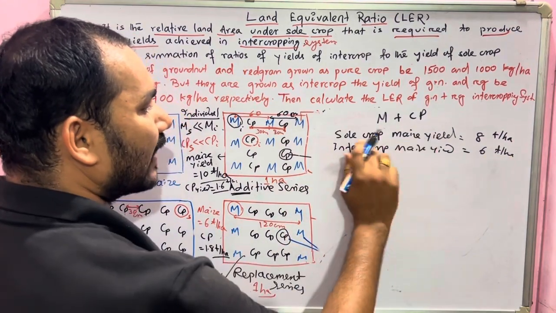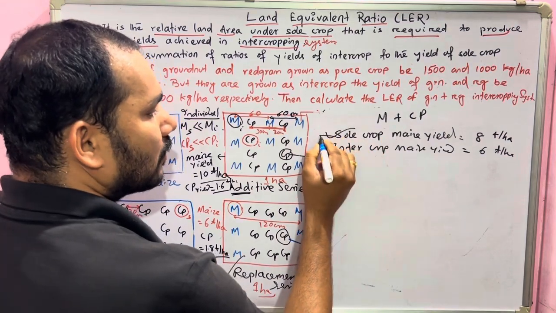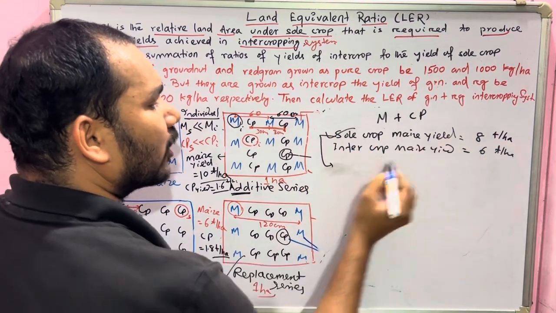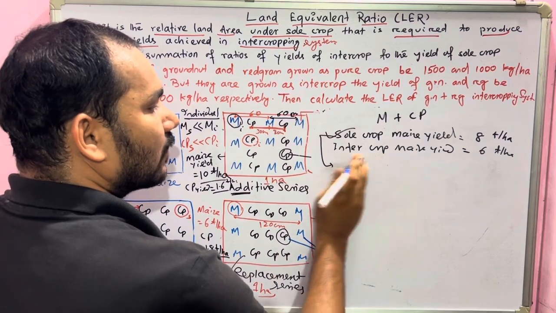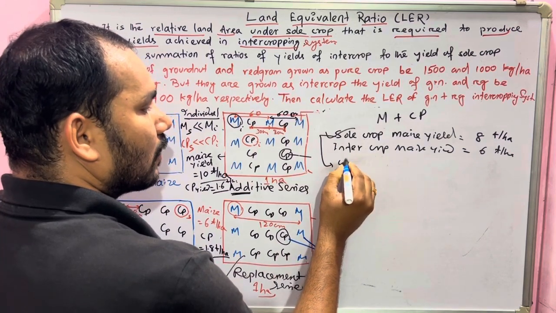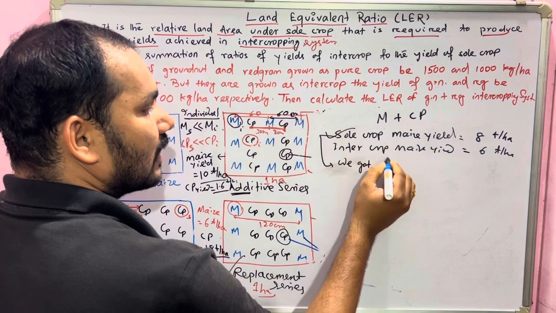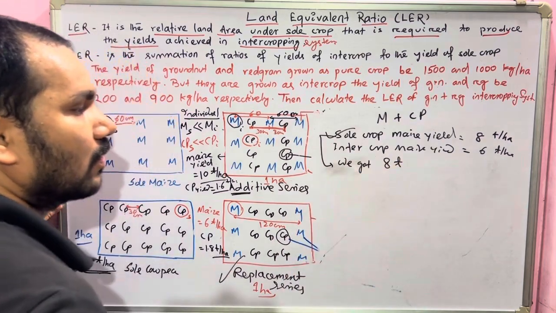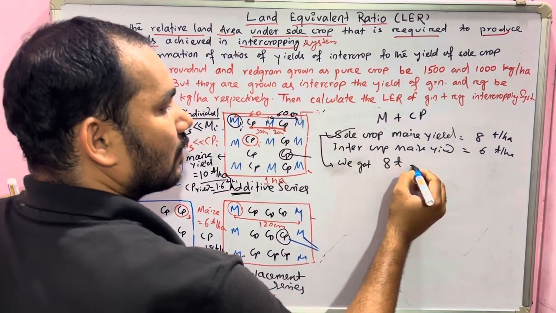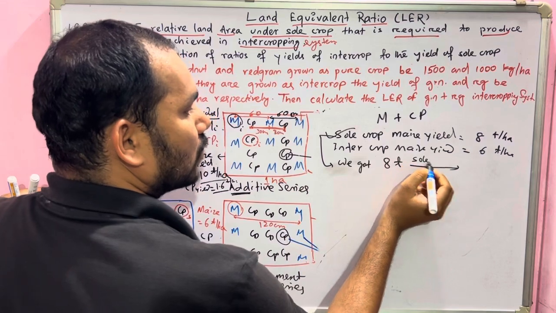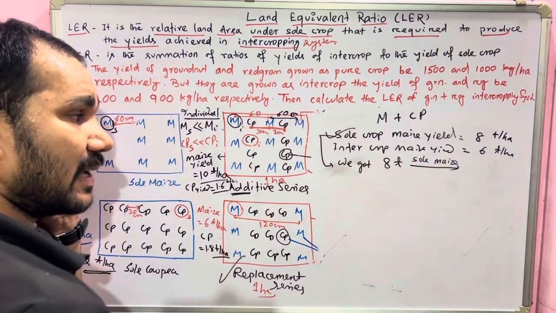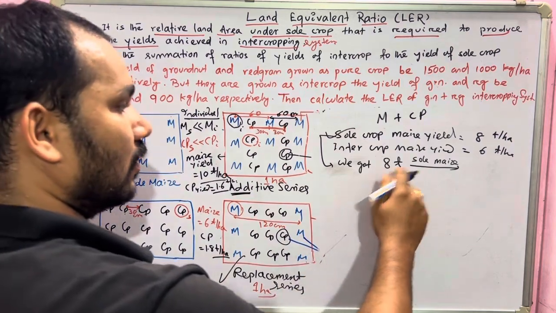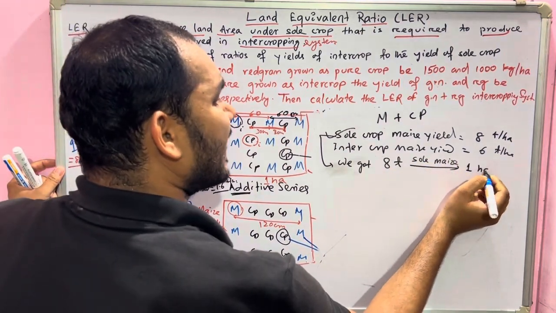That means here, sole crop maize yield is 8 ton per hectare. What does it mean? If I go for sole maize crop, I am getting 8 ton from 1 hectare of area.